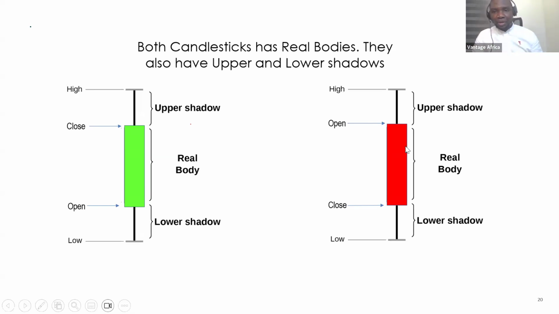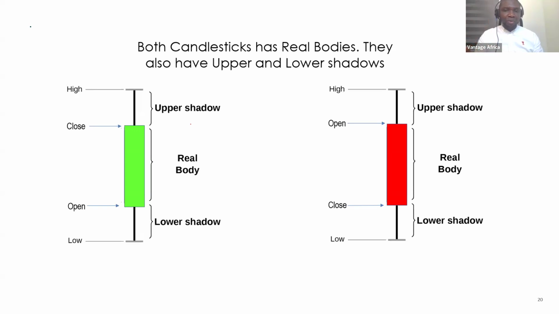Now let's look at a red candlestick. You notice it's basically the same thing. You have a pin at the top, an upper shadow, and a lower shadow. Then you have a real body too. The real body is the red part. You notice that the open and close are flipped in the case of a red candlestick.